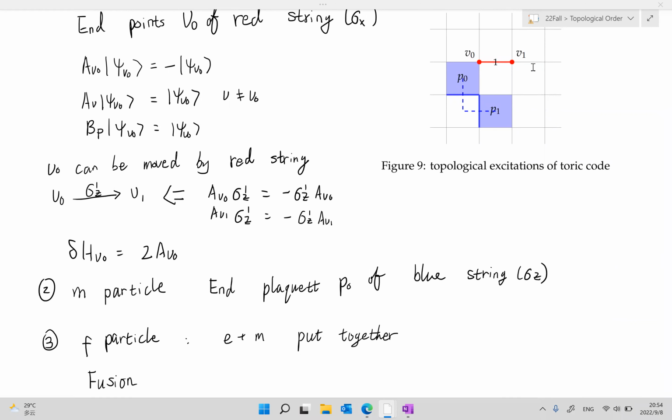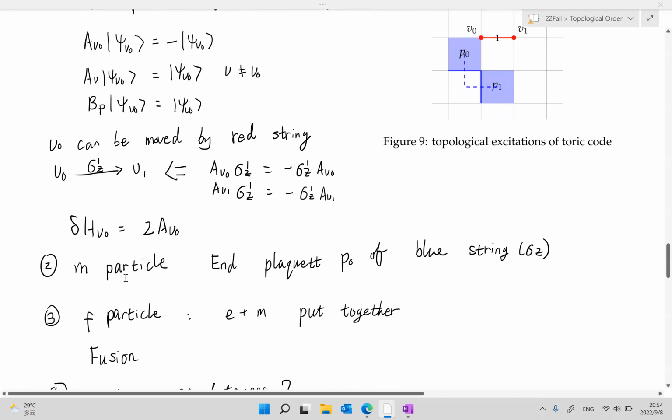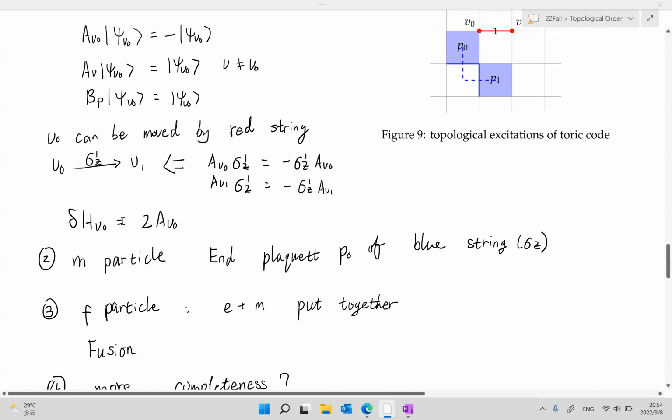So V0 has a sigma x anti-commuting with it, and V1 has a sigma x anti-commuting with it. In this situation, delta H equals 2 A_V.